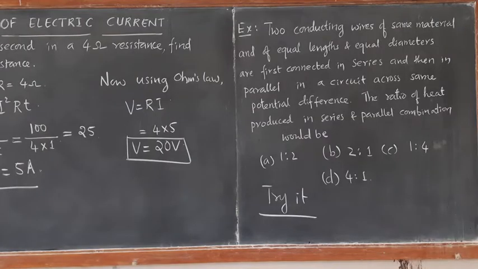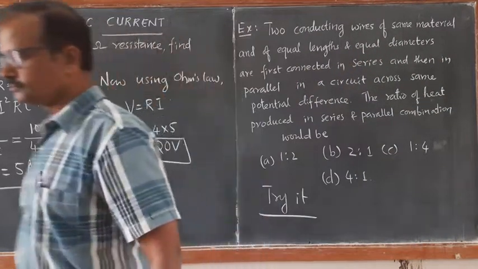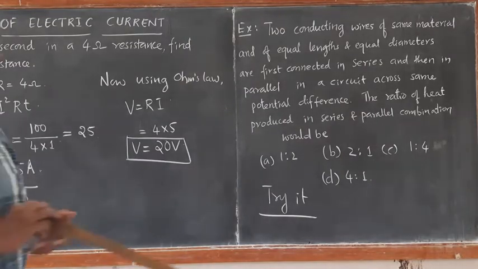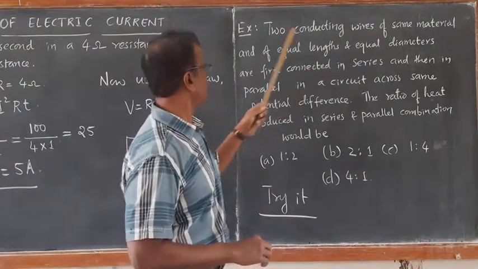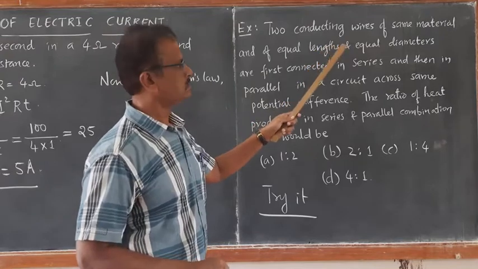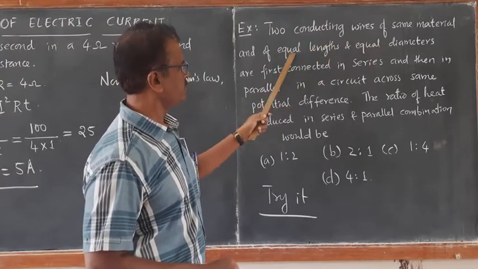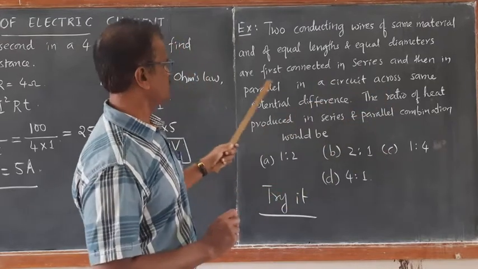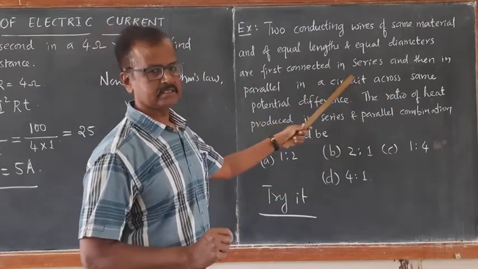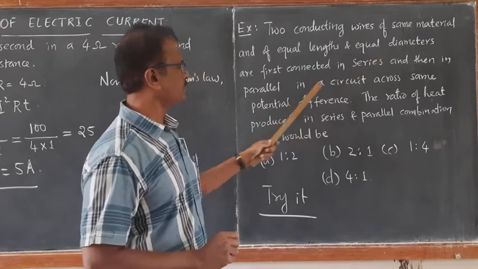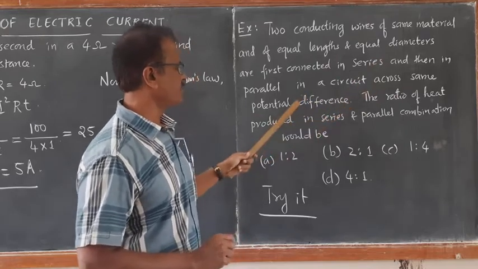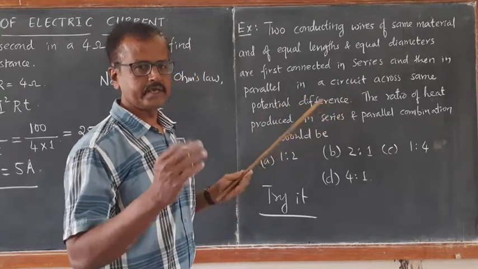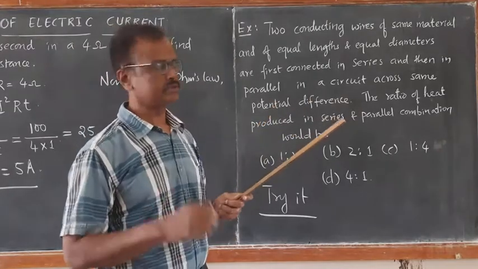Read this problem. There are two conducting wires of the same material and of equal lengths, with the same thickness, the same diameters. They are first connected in series and then connected in parallel in the circuit across the same potential difference supplied by the source.